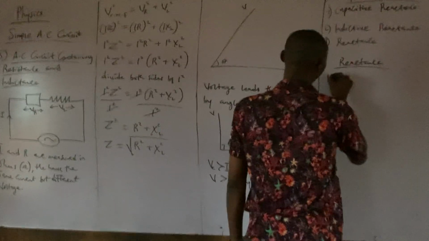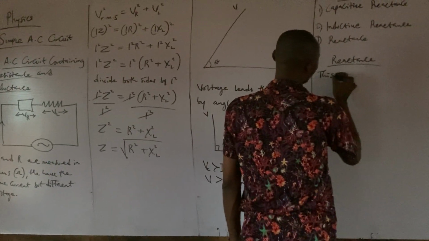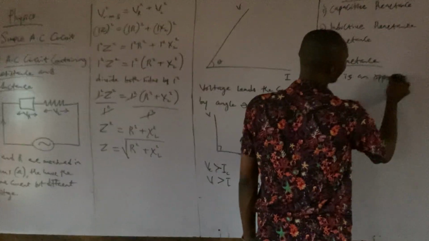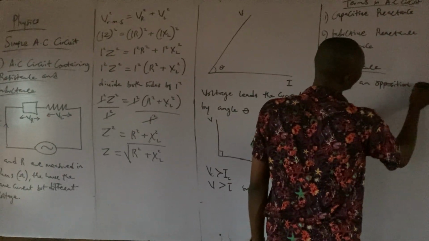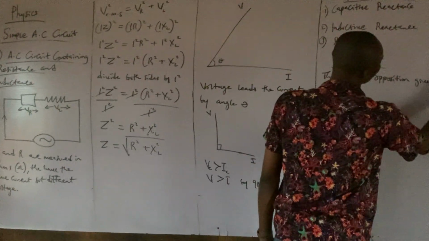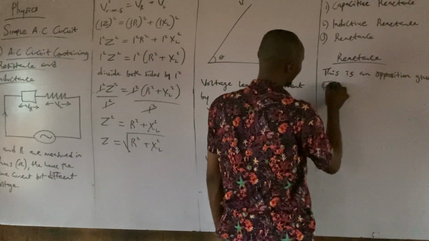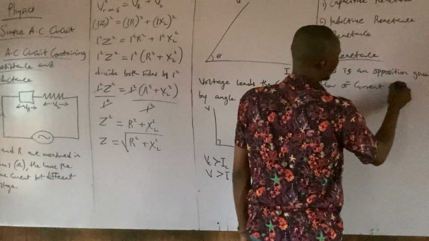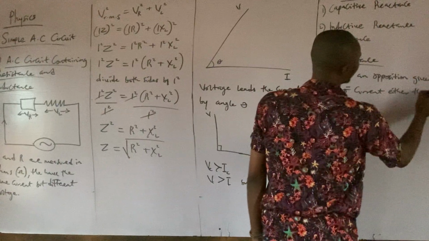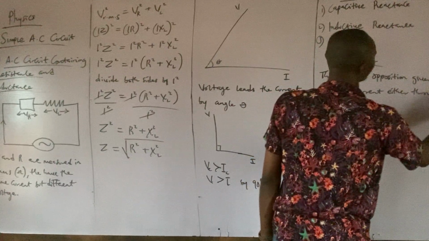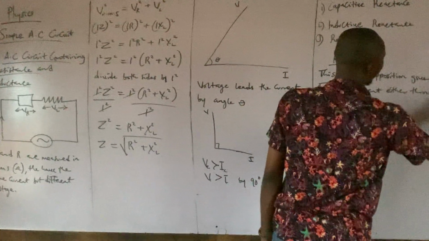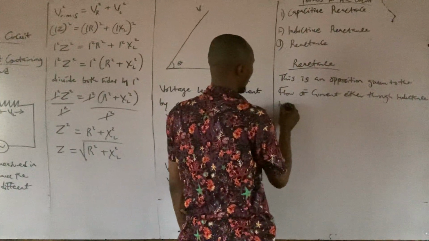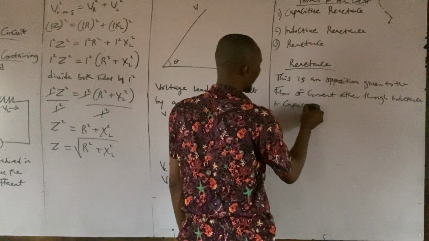Reactance is an opposition given to the flow of current, either through inductance or capacitance.